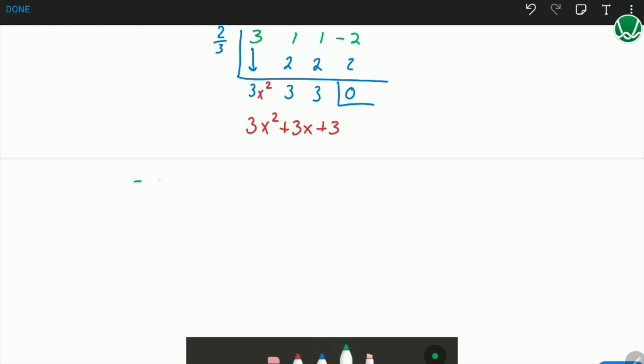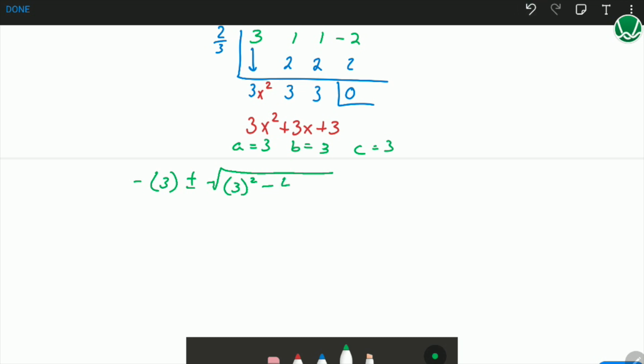So negative b, in this case a is 3, b is also 3, and c is also 3. They all happen to be 3, which makes plugging stuff in horribly easy, because even if you make a mistake, you got the same thing. Unless you do what I did there.